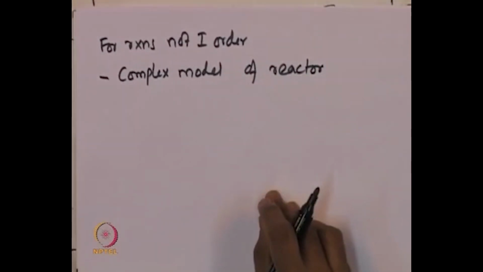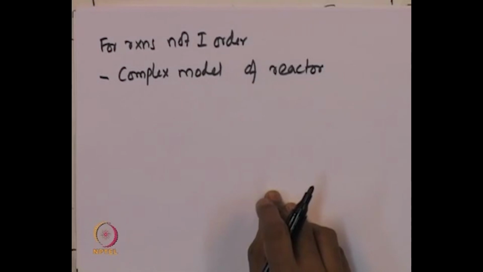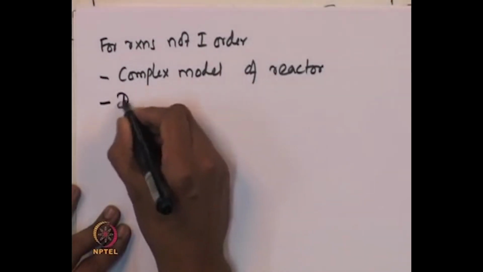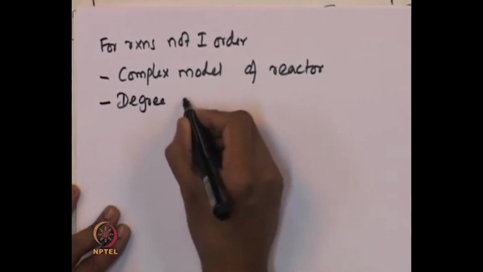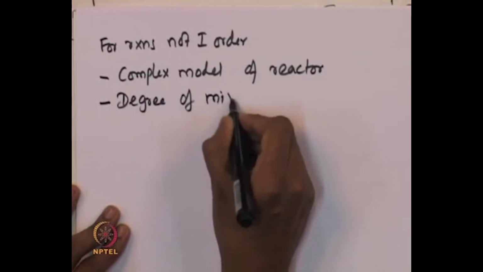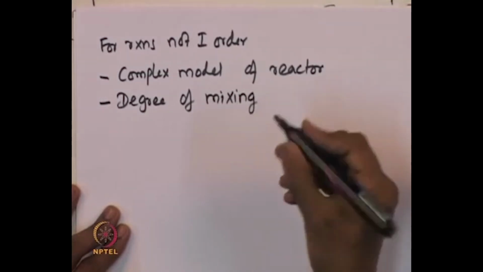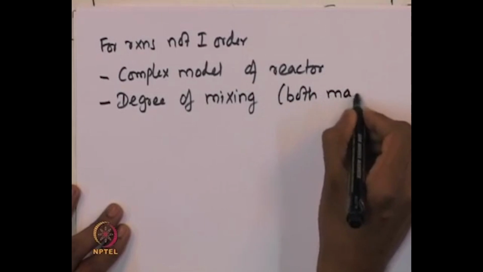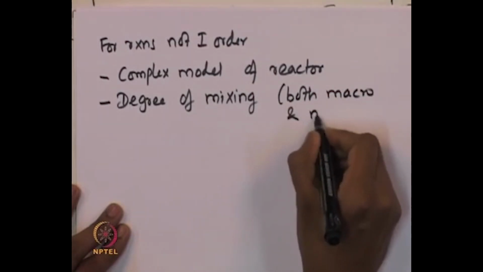A complex model of the reactor is required to predict the conversion of the species which is undergoing the reaction. And also, in addition to that, the degree of mixing, both macro and micro mixing information, is required.